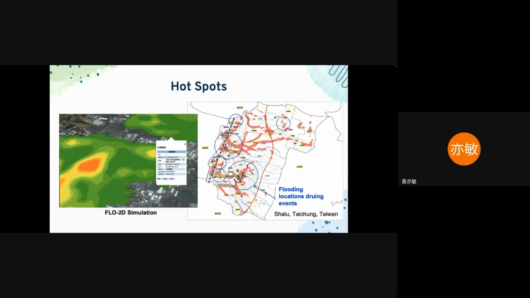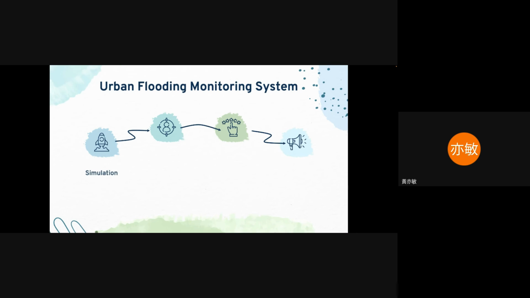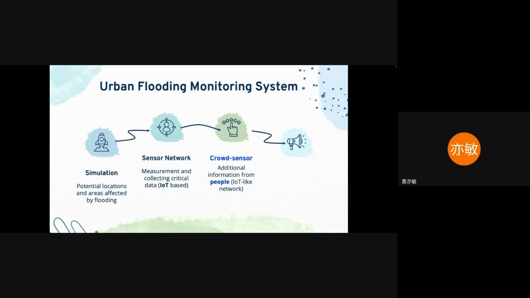And then we can make zones for the hotspots, and we can set up our levels of emergency based on the depths of the floods. So the first step, simulation, is quite important. When we know the location of hotspots, we can set up our sensor network at the hotspots, and then we can create our network.